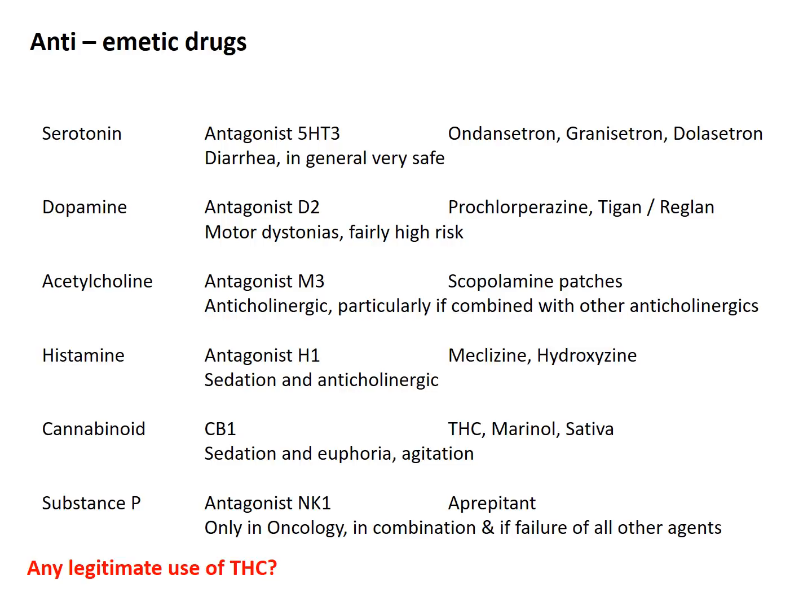Another one I didn't talk about are drugs that block this NK1 receptor, aprepitant. That might be a drug that you only see if you're working in oncology for people who have really severe nausea, vomiting due to chemotherapy.